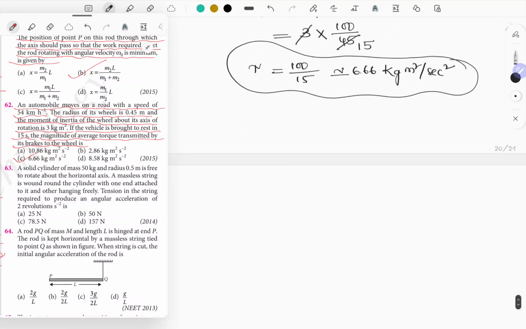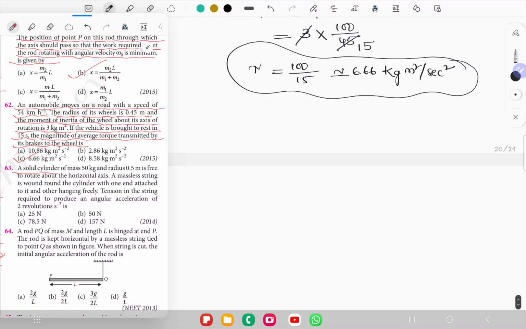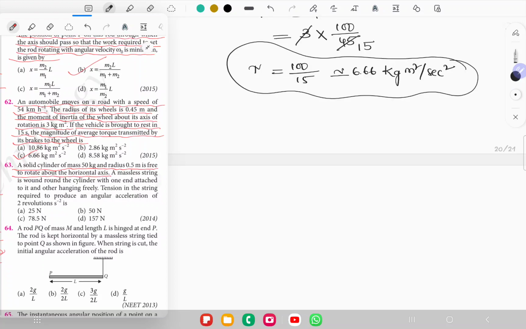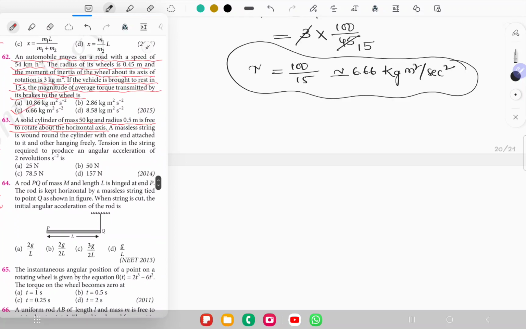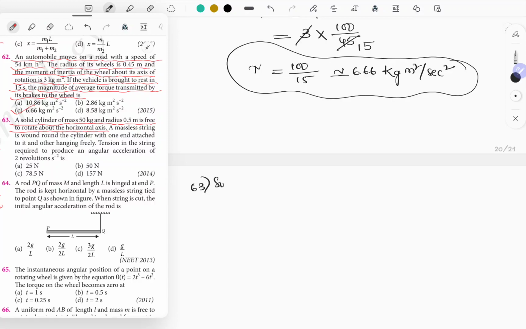Next, question number 63. A solid cylinder of mass 50 kg and radius 0.5 meter is free to rotate about its horizontal axis. Okay, super. Solution to 63: they gave a solid cylinder.